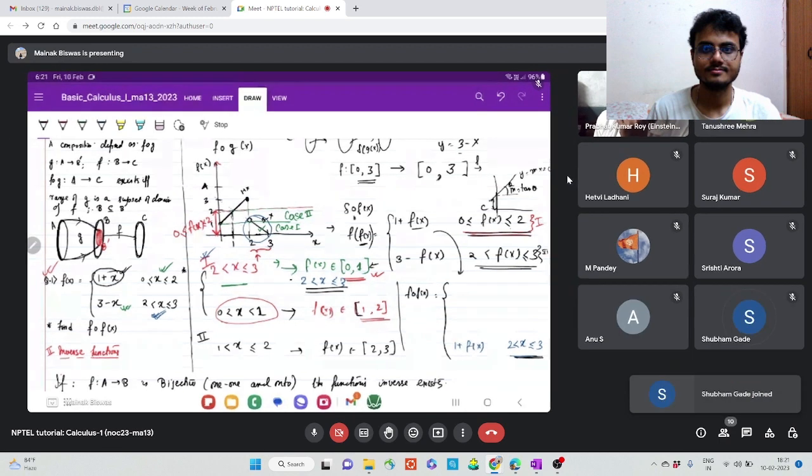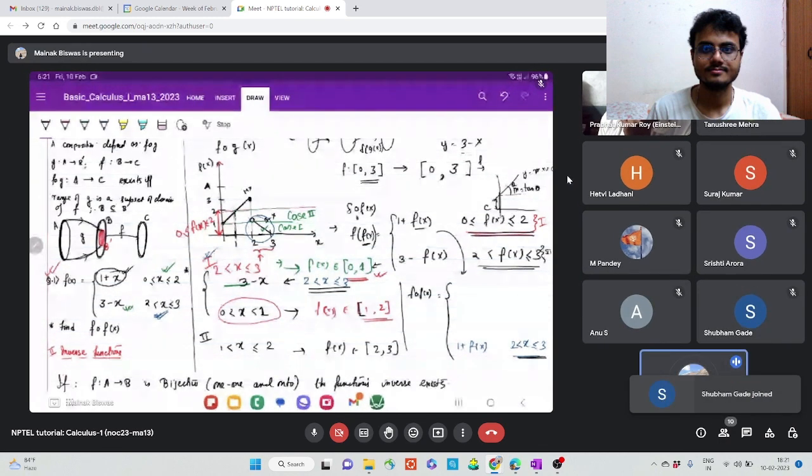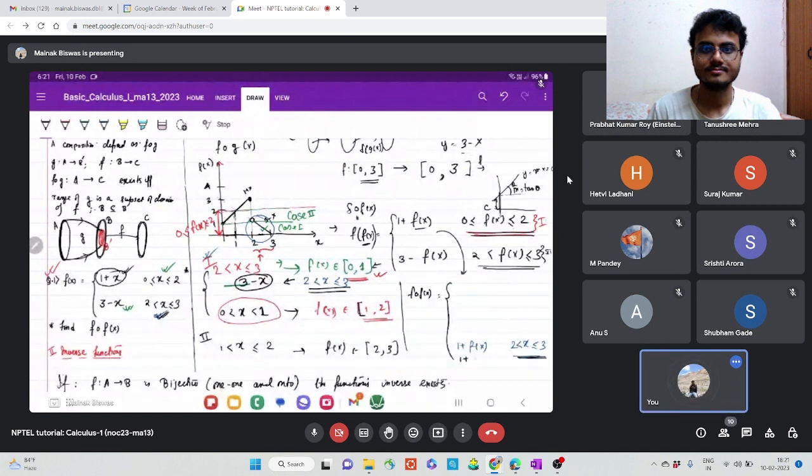And at that point, the value of the function is defined by 3 minus x from this definition. So I'll put the value of 3 minus x. So this becomes 4 minus x. Second part of this function, so this is 4 minus x between 2 and 3.